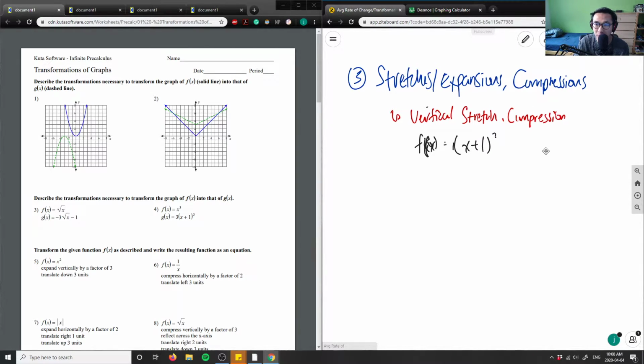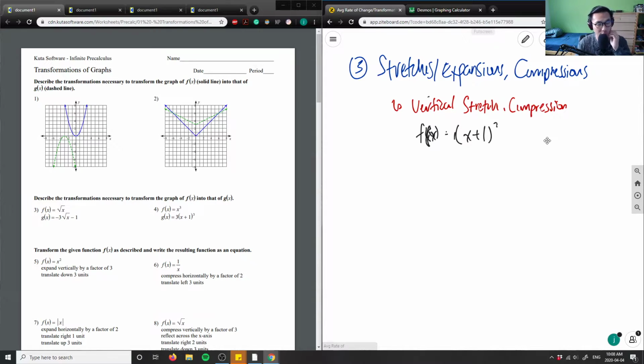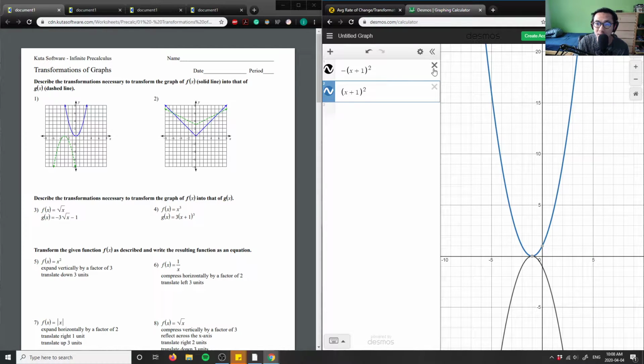What does that mean when we talk about vertically stretching or compressing? If you think about a parabola, like this, what does it mean to stretch it vertically?